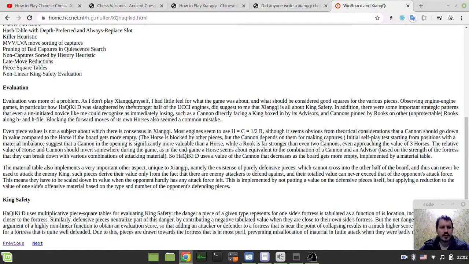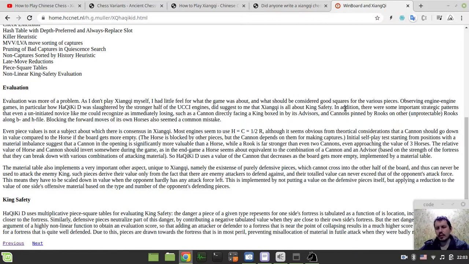As I don't play Xiangqi myself, I had little feel for what the game was about and what should be considered good squares for various pieces. Observing engine versus engine games in particular, how Xiangqi D was slaughtered by the stronger half of the UCCI engines did suggest to me that Xiangqi is all about king safety.